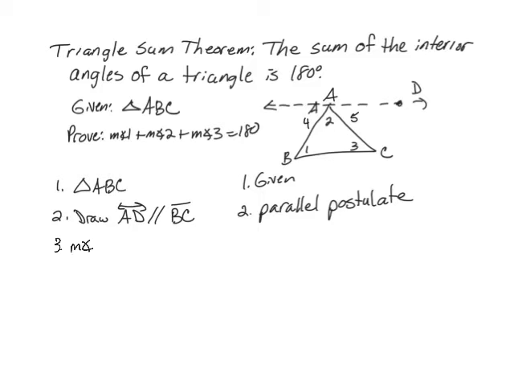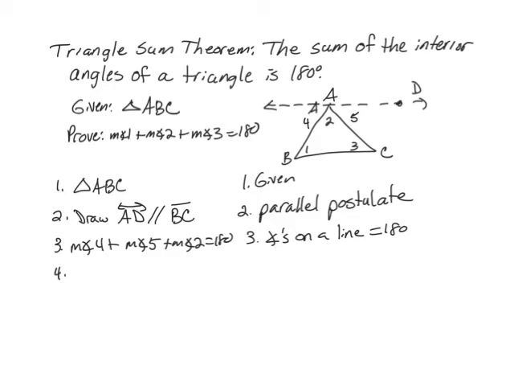So the measure of angle 4 plus the measure of angle 5 plus the measure of angle 2 is equal to 180. The order doesn't really matter there. Angles on a line equal 180. The other thing I know is alternate interior angles. When I have these parallel lines here, 5 and 3 are alternate interior, 4 and 1 are alternate interior, because there's your zigzags.